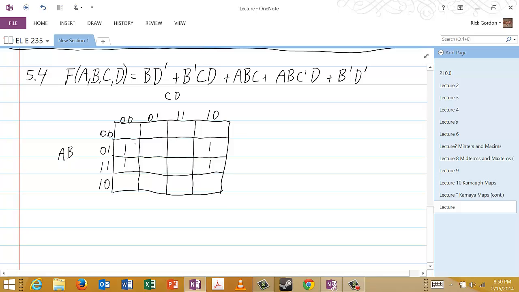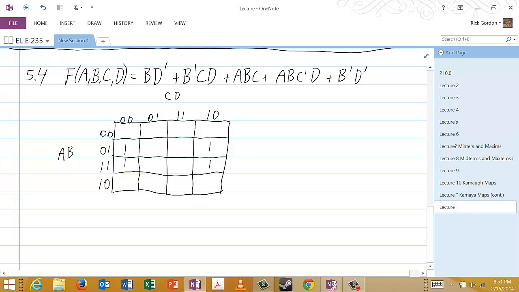Now, one more note before we proceed. We're going to go ahead with this problem, filling in the Karnaugh map, and we're going to find that this, now remember, this is a minterm, this A, B, C prime, D. It is a minterm because it is a simple product of all of the variables in complemented or uncomplemented form. This minterm will be represented on the Karnaugh map by one cell. This term that has 3 variables will be represented on the Karnaugh map by 2 1 cells.